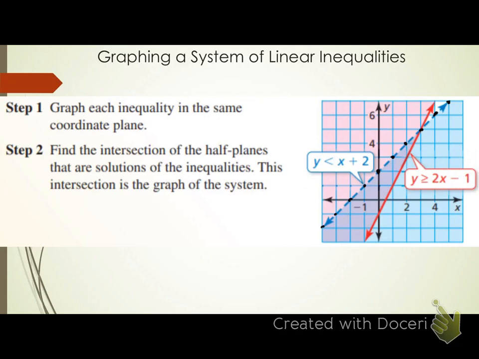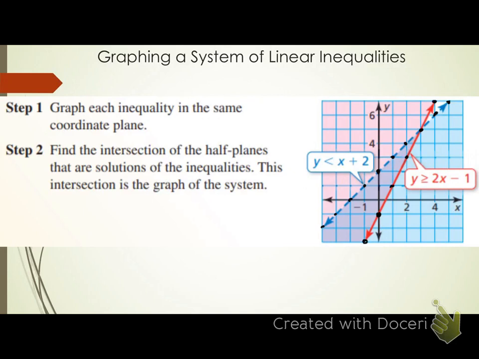And then they graph their second inequality on the same coordinate plane. What's the y-intercept here? Negative 1. What's the slope? 2x. 2 over 1, right? Up 2, right 1. Once again, this is how they got this boundary line.